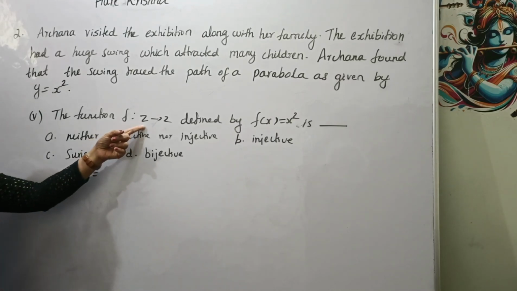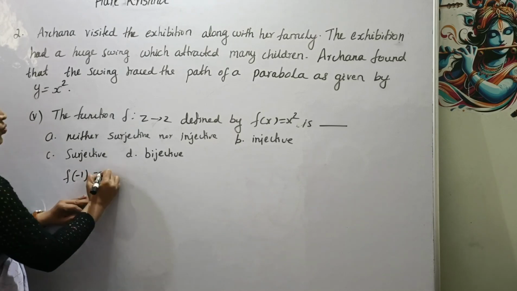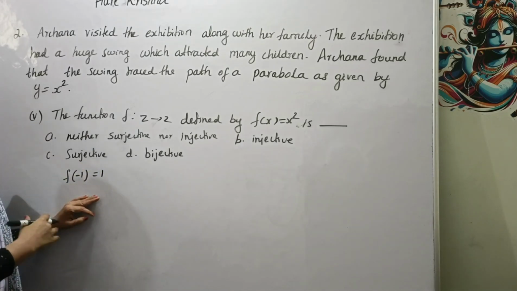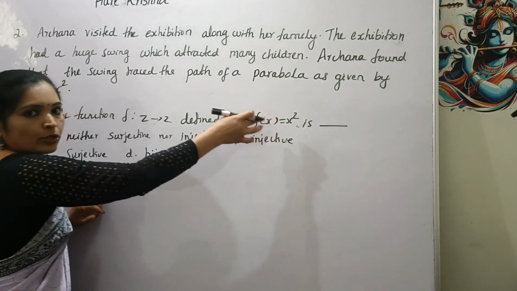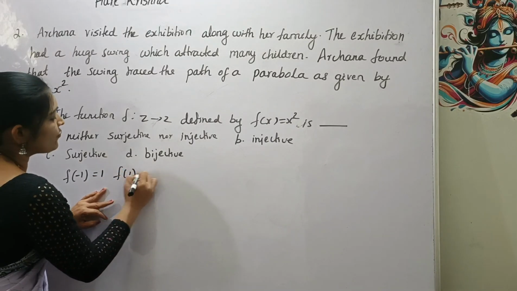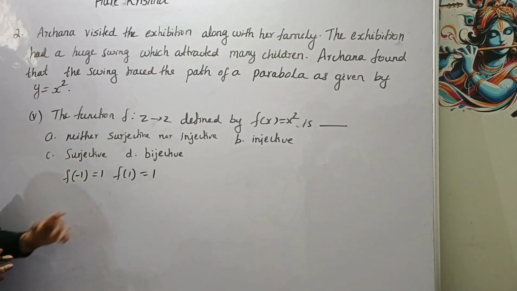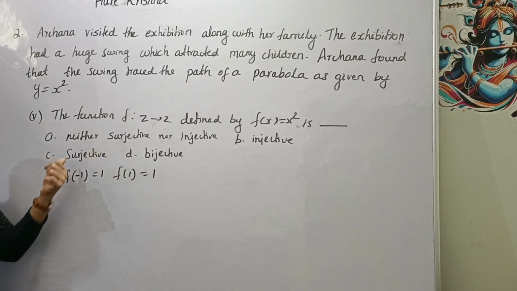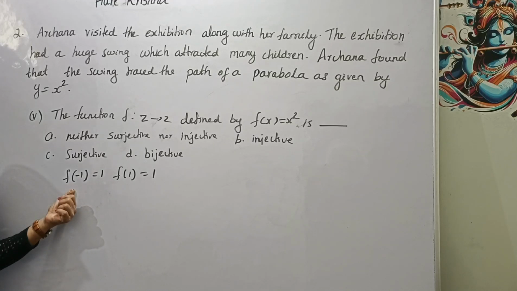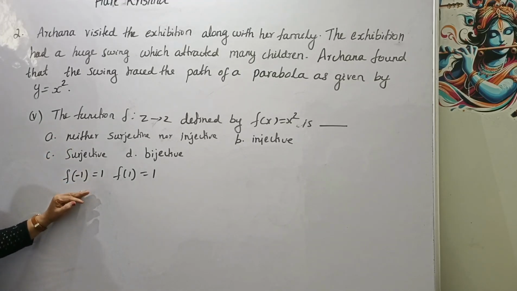Because it is the set of integers. So f of minus 1 is minus 1 square, 1. Our function is f of x is equal to x square. What is f of 1? That is also 1. So here, this 1 has two preimages, right? Therefore, this function is not one-one. That is, this function is not injective.